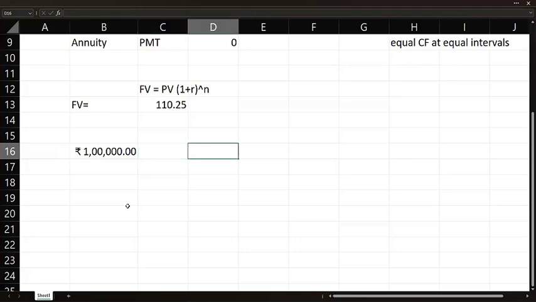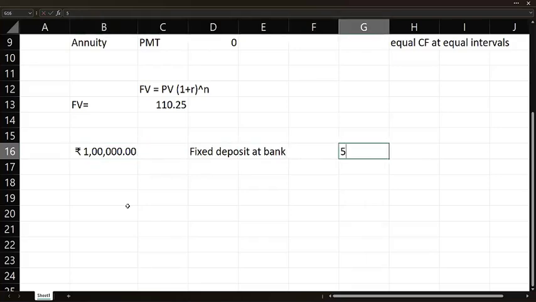And you can invest it in a fixed deposit at your bank. So in return, you will be getting something. Let's say the return that you will be making is 5%. So this is the interest that you're getting.